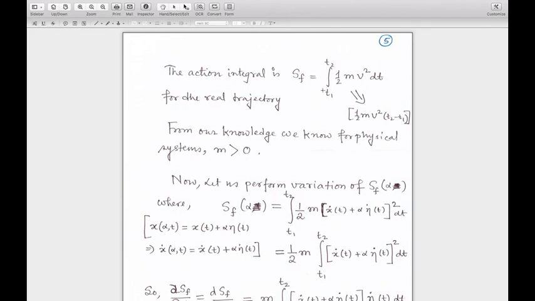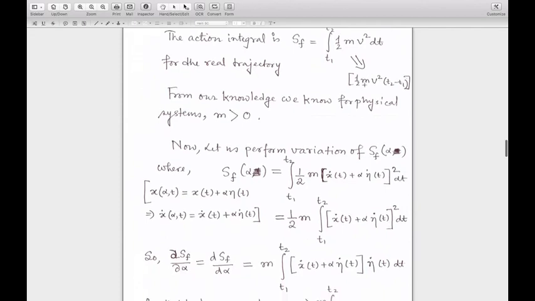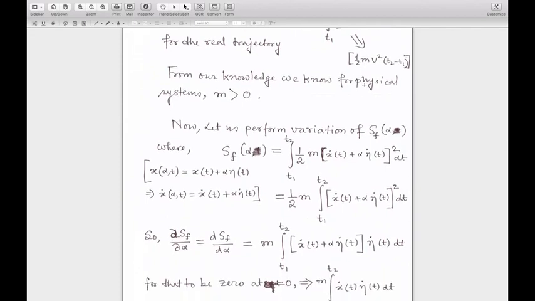You know that for the real trajectory, this is nothing but this times t2 minus t1, because v is uniform on the real trajectory. But now we will try to vary this action on different paths, and we will see what happens. If we vary, then we have to vary virtually.